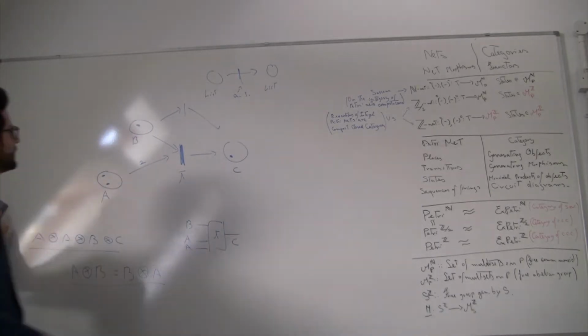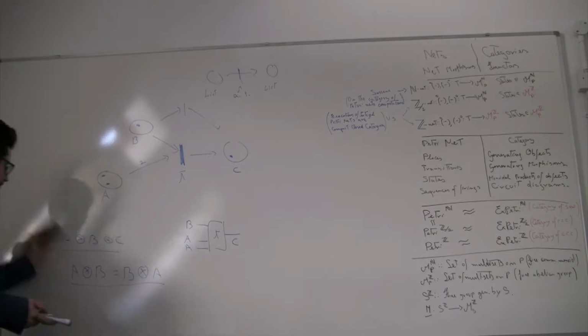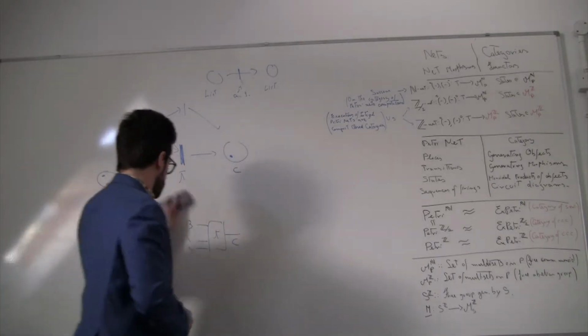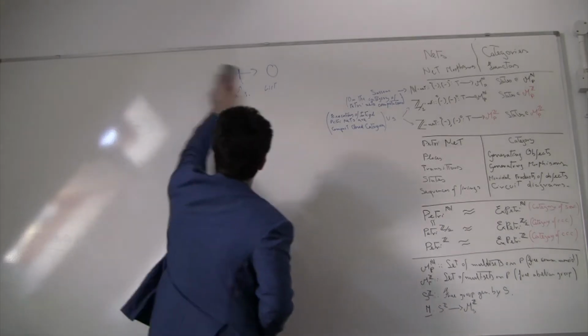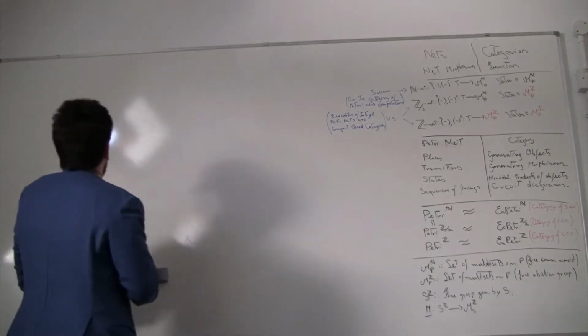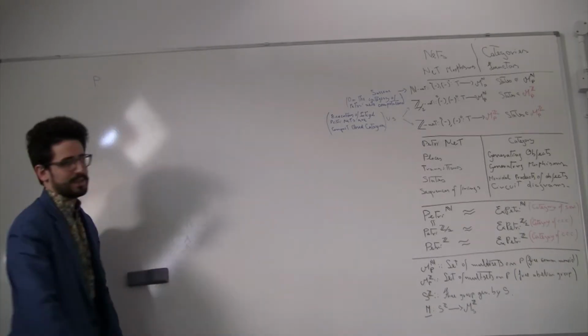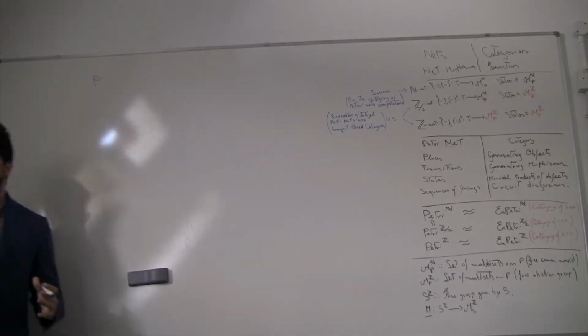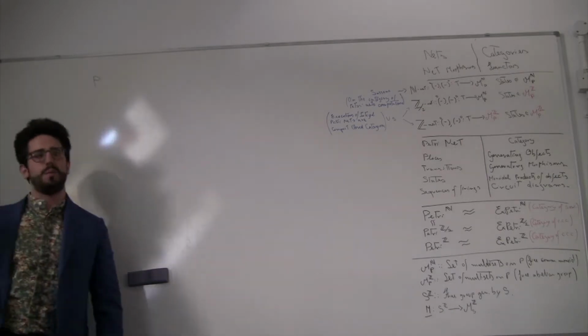So the first thing I'll do now is formalize what a Petri net is mathematically. The first notion that we need is that of a multiset. A multiset on P is just a set composed of elements of P, where P is a set that can have repetition.